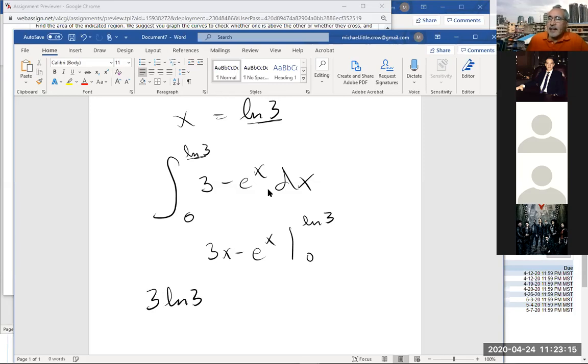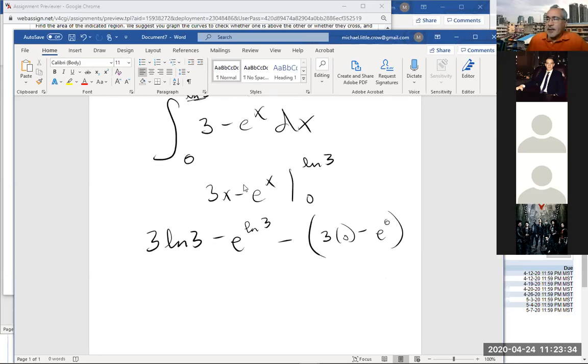So you get something like this. And e to the natural log of 3, that's just going to become 3. And then you subtract 3 times 0 minus e to the 0. So this part is fine.